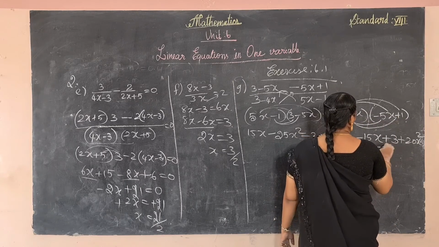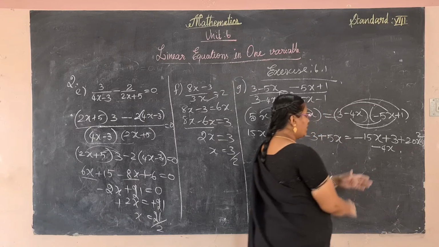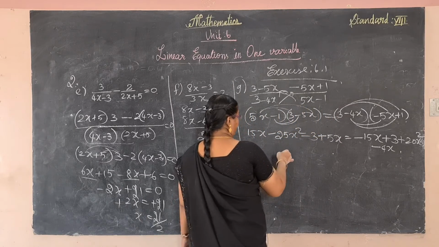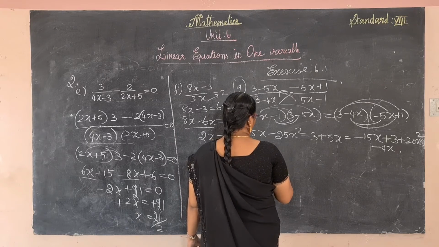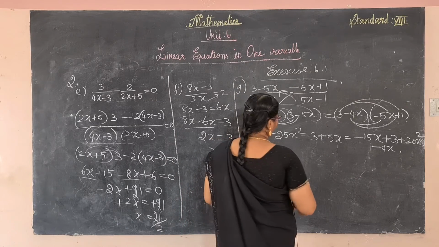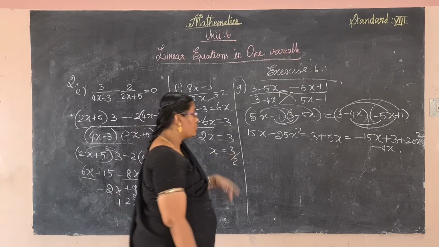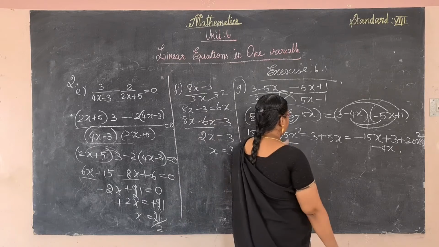Minus 4x. Now arrange all the like terms. So we got the quadratic equation. We have to find out the two solutions for this problem because here x squared is there.